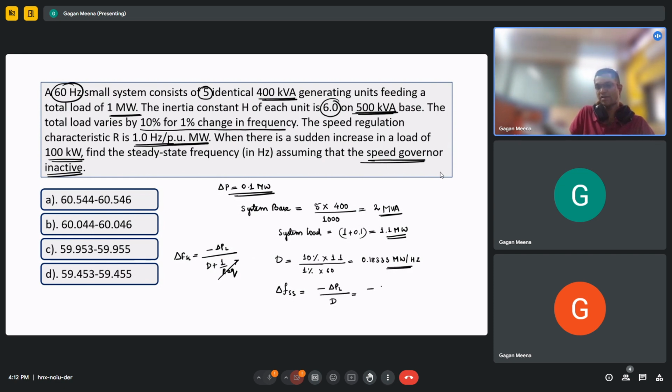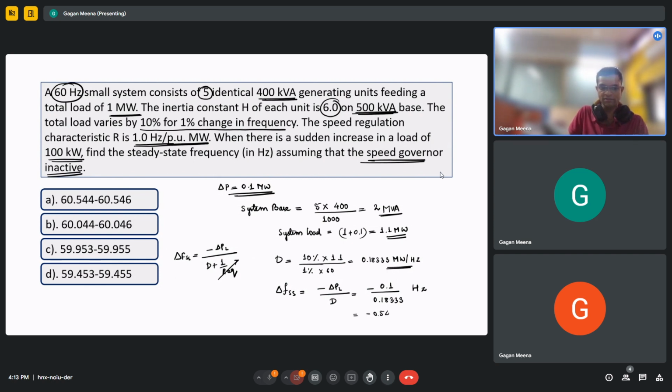What is delta PL? Delta PL is 0.1 divided by D, which is 0.18333. So this is megawatt, this is megawatt per hertz. It will give you output in hertz. So this much change in hertz. So this is minus. When there is an increase in load, frequency will reduce.